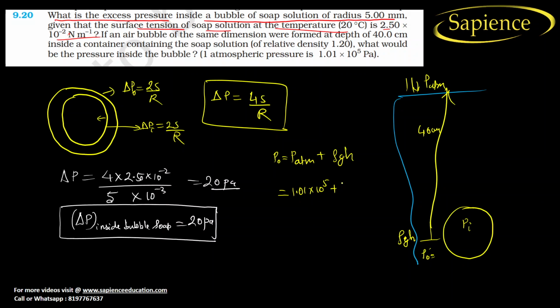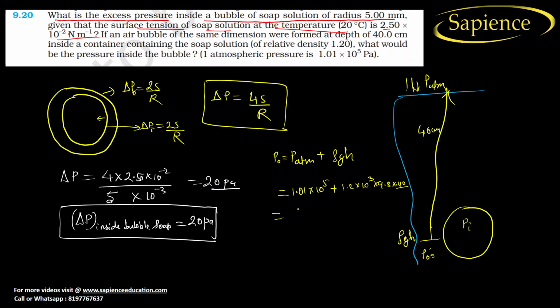So what is the density of the water? It is given as 1.2 into 10 to the power 3, into 9.8 as gravity, into height. The height is not 40, it is 0.4, in meters.